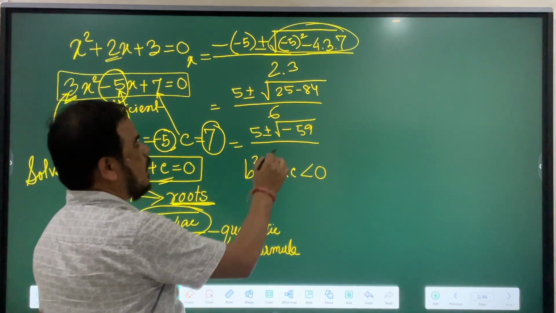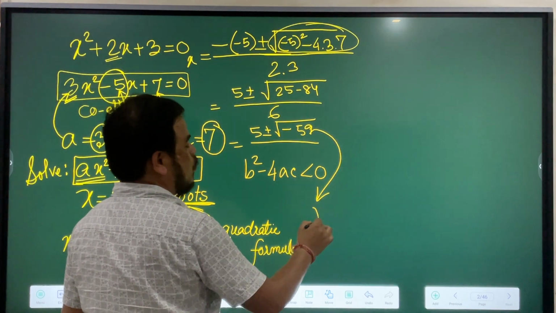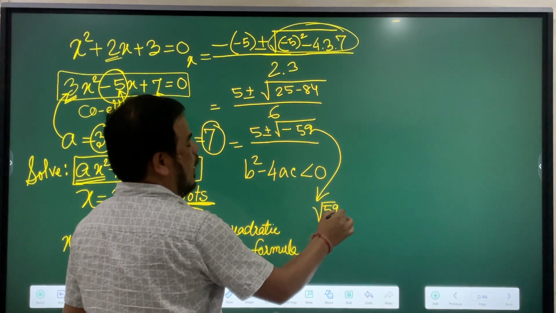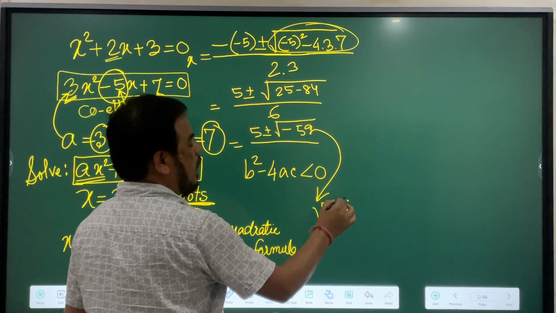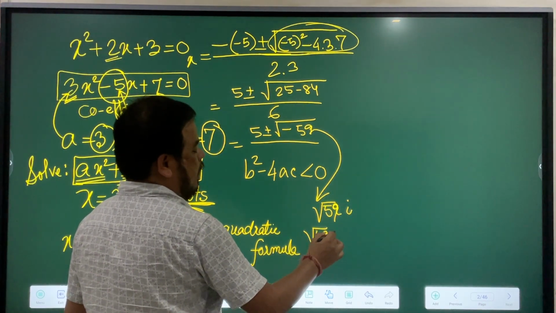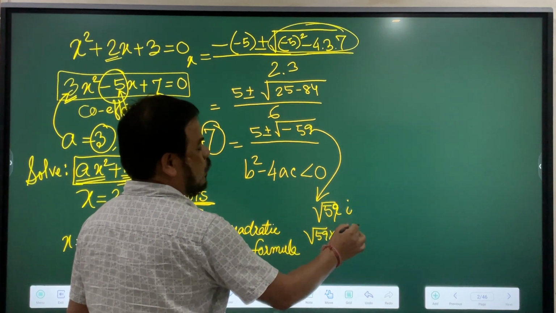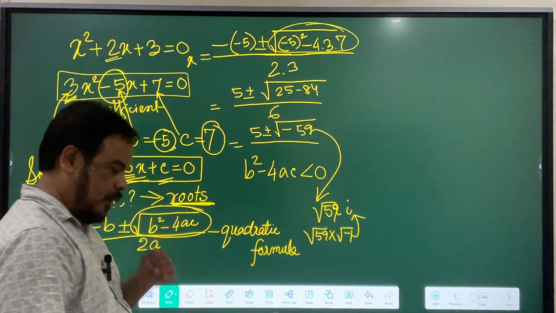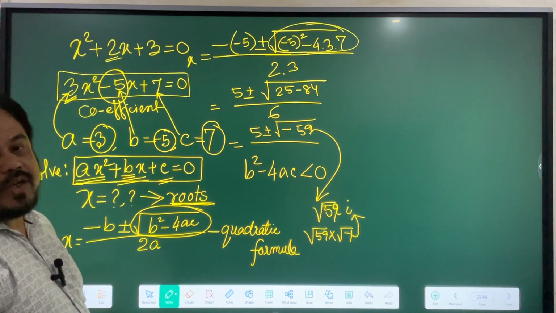How can it be written? It can be written this way, that you know already, root 59 i, or you can write square root of 59 into square root of minus 1. Minus 1 means what? I. What is square root of minus 1? That is i.